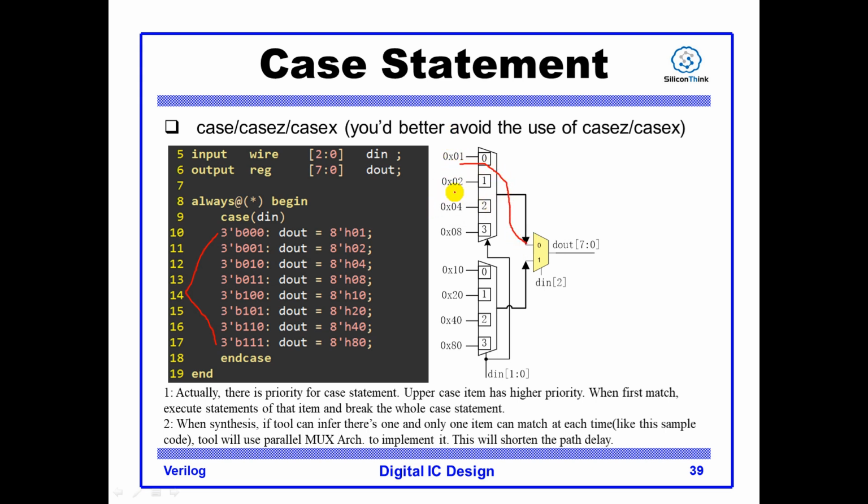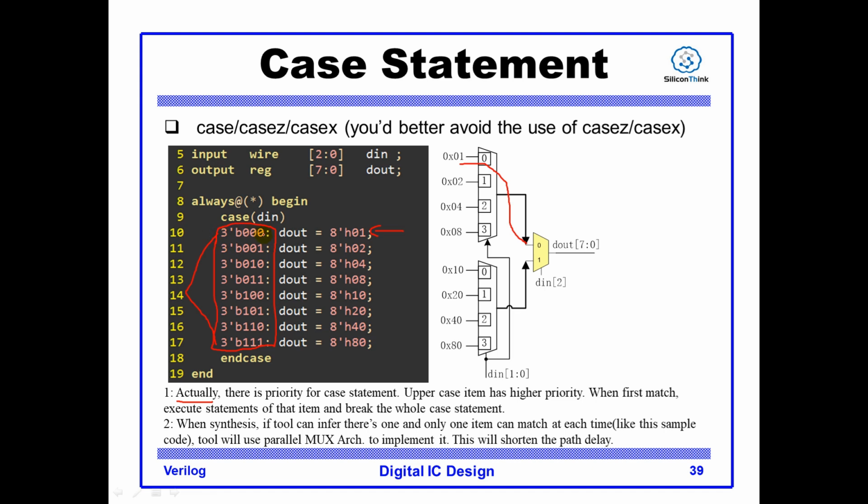The path is parallel, but actually, from the syntax of Verilog, the compare of the match items isn't parallel. They have priority. The upper match item has higher priority, so it will match from the first line, from the upper line of the match items.